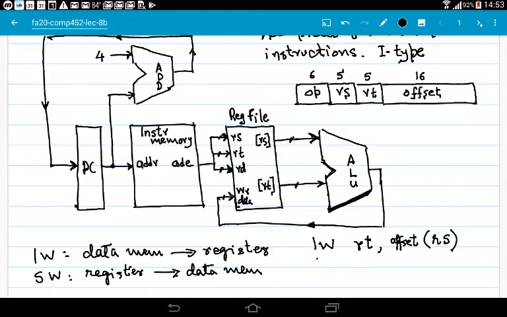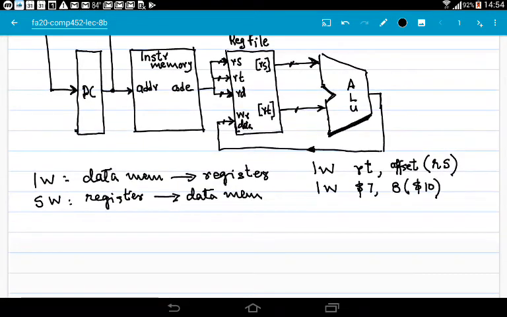Just to give you an example, we could have load word $7, 8($10). And this could be one instruction. This is just an example.